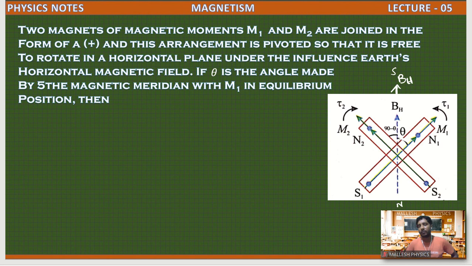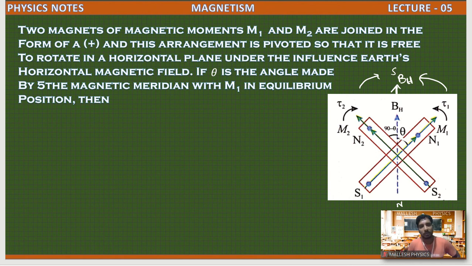So the north pole of the first magnet tries to rotate anti-clockwise, and in the same way the north pole n2 of the second bar magnet tries to rotate in this direction, because it is attracted by the south pole of the Earth's magnet, so it tries to rotate clockwise. But as those two are fixed, at the final stage they make an angle theta with m1 and 90 minus theta with m2, with the Earth's magnetic field.